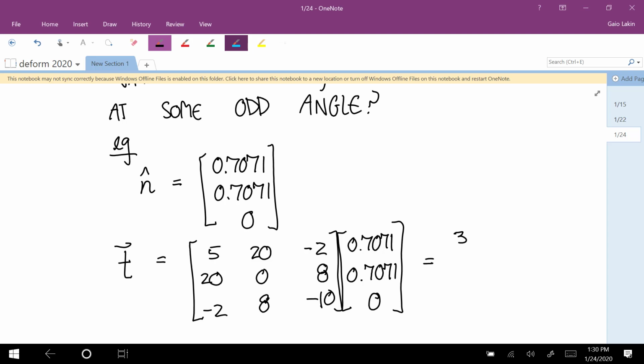Can someone calculate that for me? 3.535 plus 14.14, and then this one's 14.14.